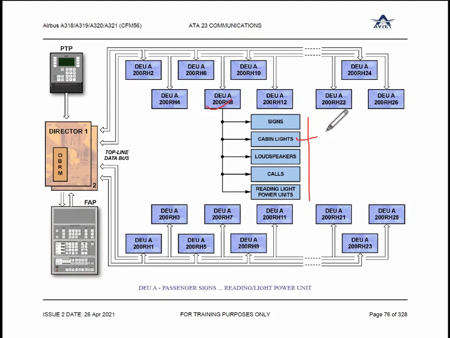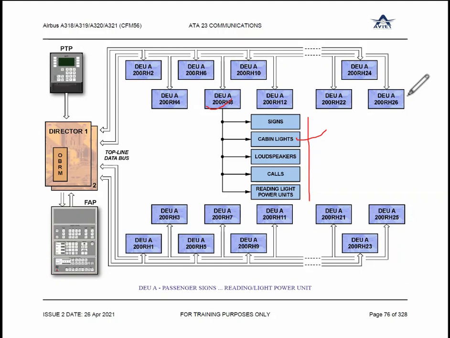Then cabin light. We are operating cabin lights. In the cabin general illuminations, two lights are available. If you remember, I told you in light chapter. I took light chapter, right? 33. I showed you the video also. So in the cabin, the general illumination, two lights are available. There are the lights in the window and there are the lights in the ceiling.